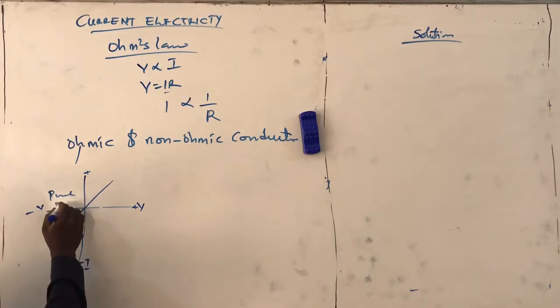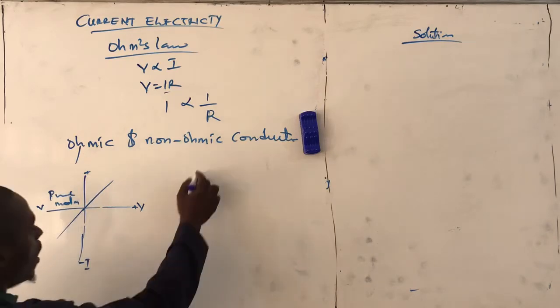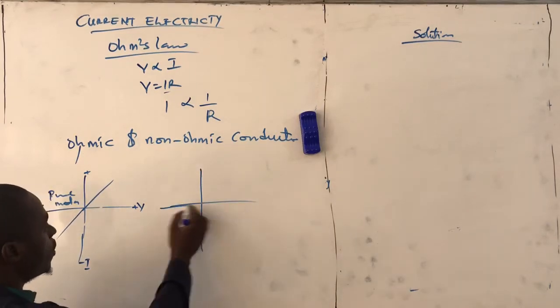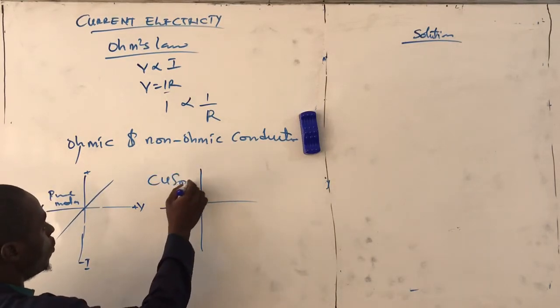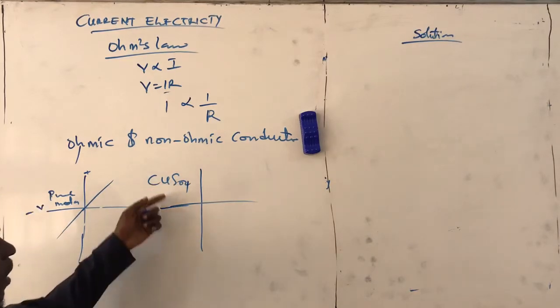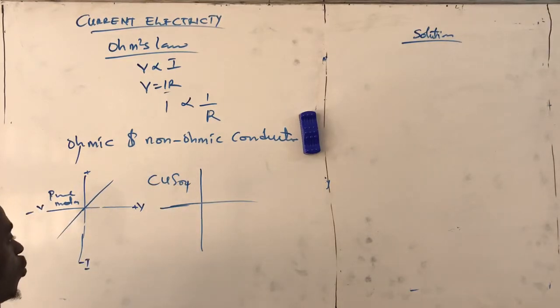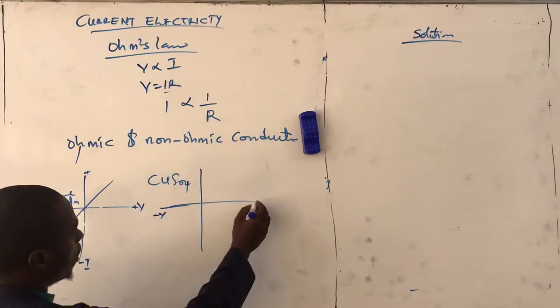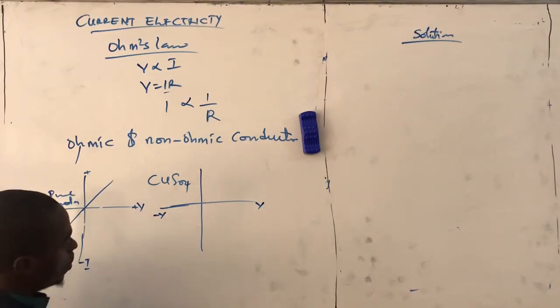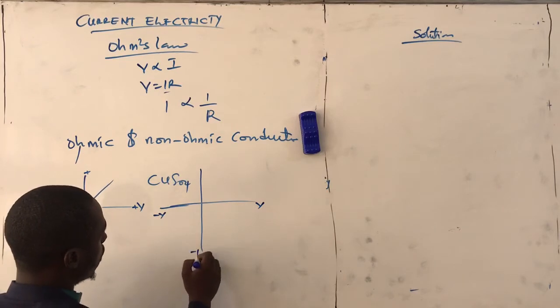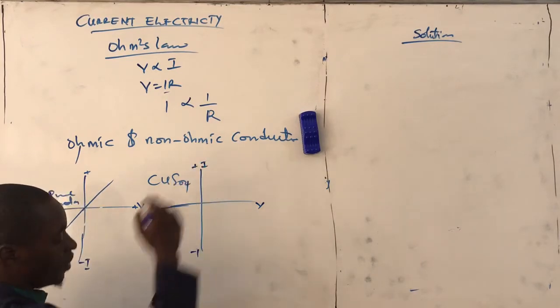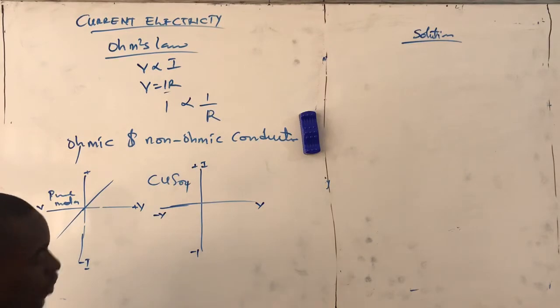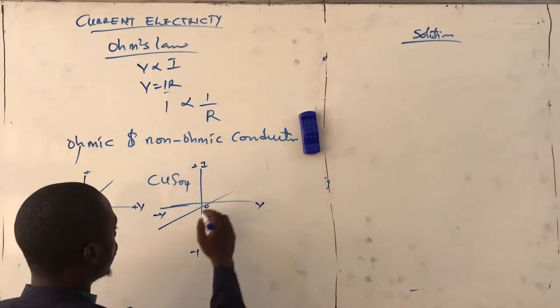And if we have a solution of CuSO4, because this one too conducts electricity, for example, it conducts electricity in molten form. So we also have minus V, we have V, and we have current here. This one obeys what?